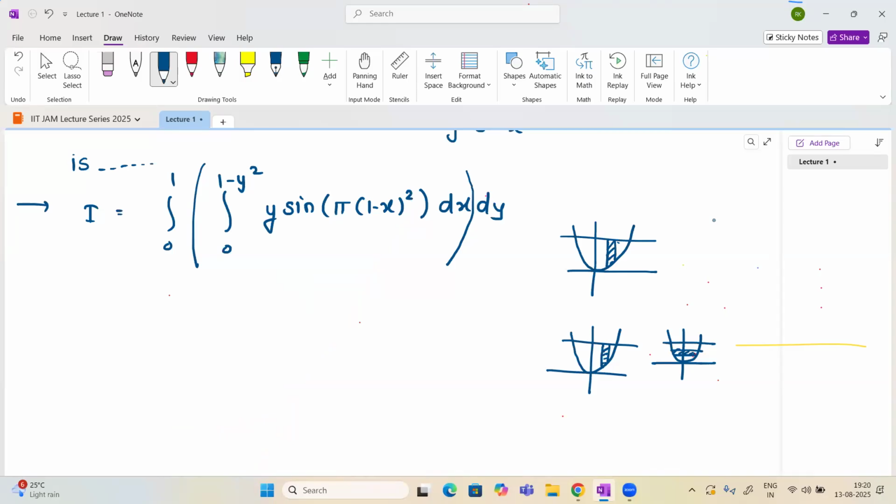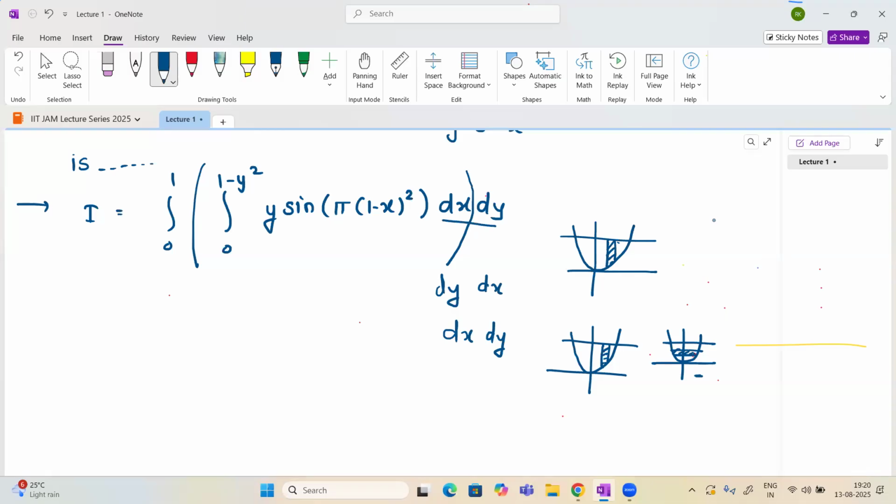When you take a strip parallel to the y-axis, the inner integration is with respect to y and the outer with respect to x. When you have a strip parallel to the x-axis, the inner integration is with respect to x and the outer with respect to y, right?